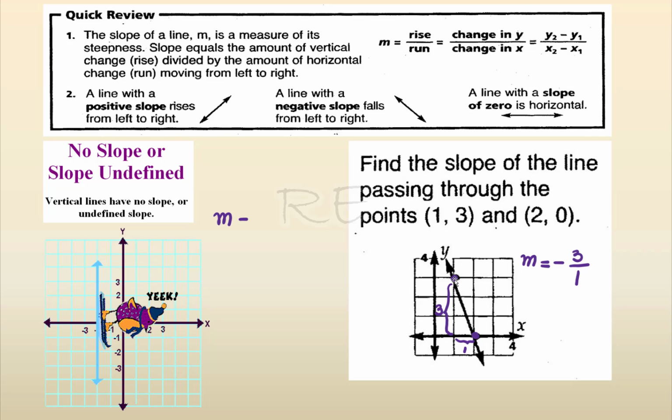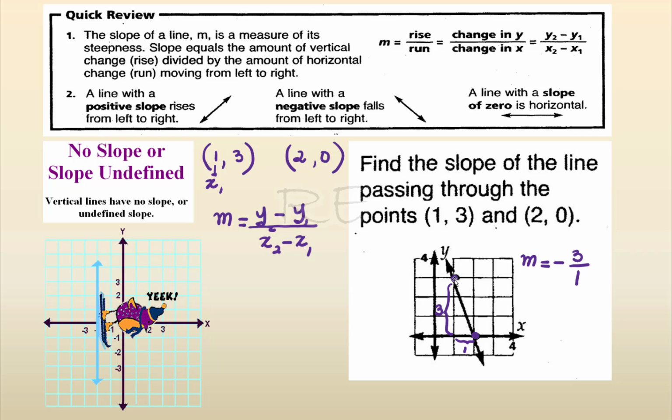Now if we want to use the slope formula, the change in y is y2 minus y1, and the change in x is x2 minus x1. Those two points are (1, 3) and (2, 0). Let's label them.